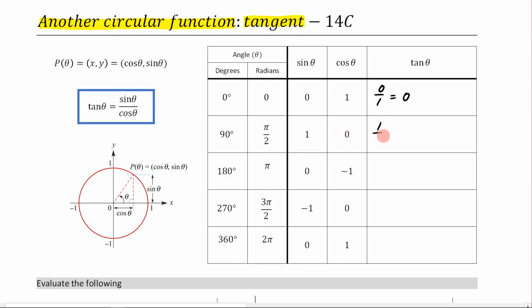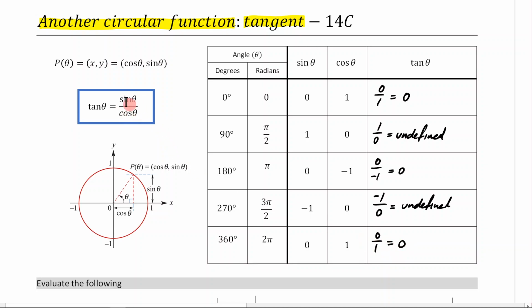Then here it's 1 over 0 equals undefined. Then it's going to be 0 over -1, which is 0, then -1 over 0, which is undefined. And then finally, it's going to be 0 over 1, which is 0. Okay, so that's tan. And then you've got your definition there.